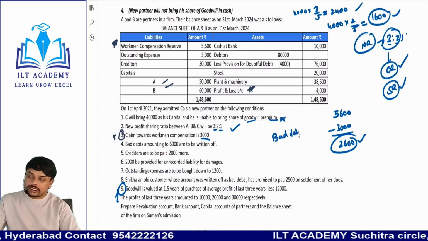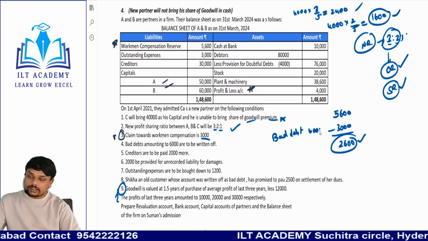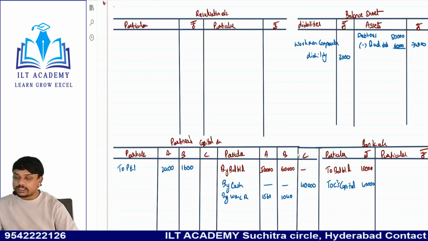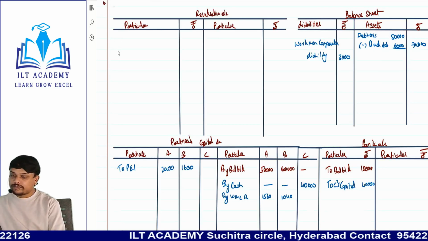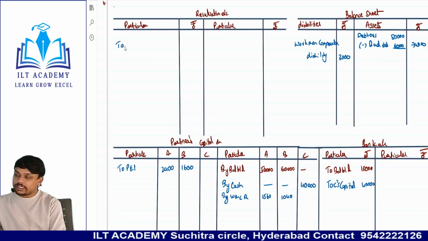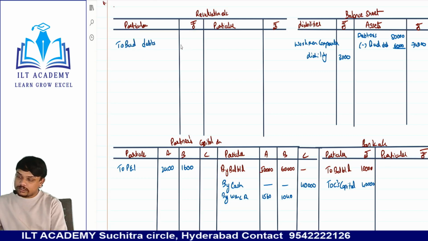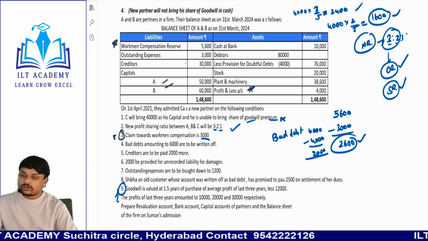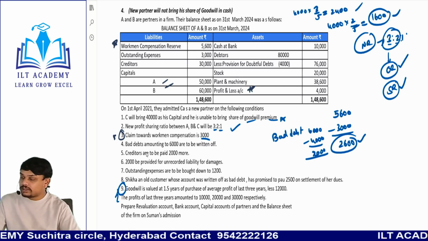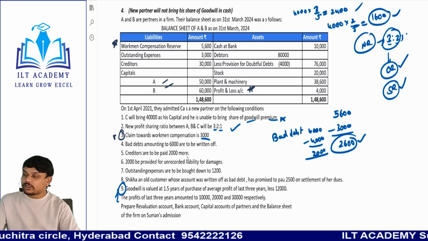So how much is bad debt? 6,000. Provision will go 4,000. 4,000 is balance. Still we are having bad debts only more. Bad debt 2,000.